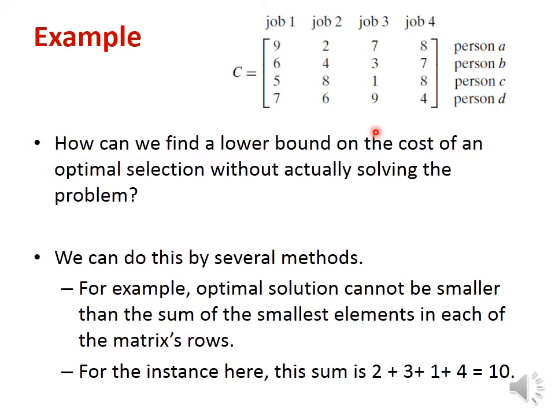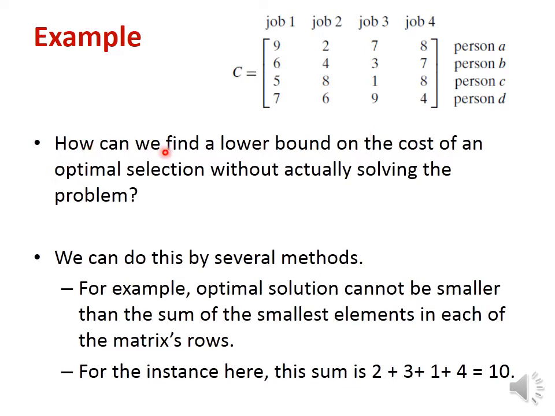Now we are applying the branch and bound algorithm for this. We need to come up with how we can compute the bound for each node. Since it is a minimization problem, the bound we need to compute is nothing but the lower bound.